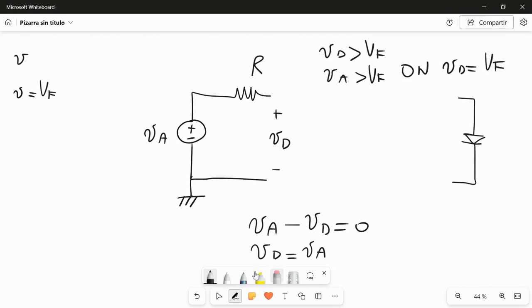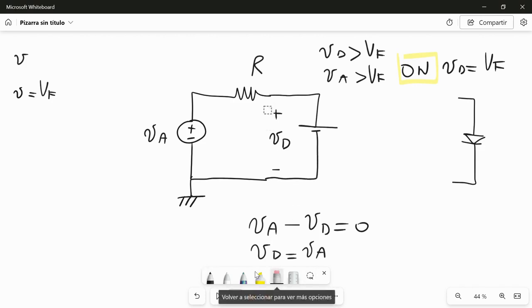So in this case, in which it is on, we can replace the diode with a fixed battery. Okay, this thing here, we delete. We can leave this here, but we just have to remember that now it's a fixed value. So now this thing is VF.